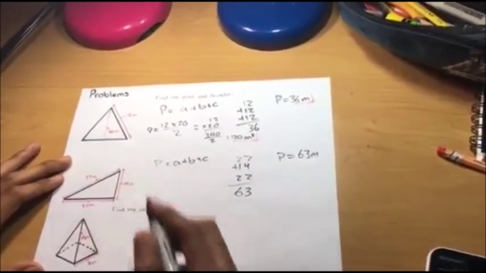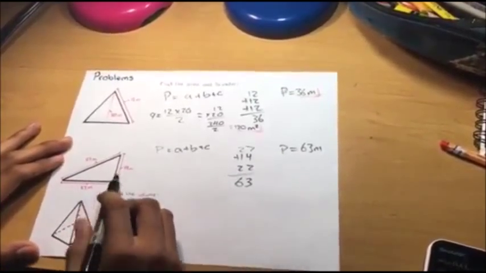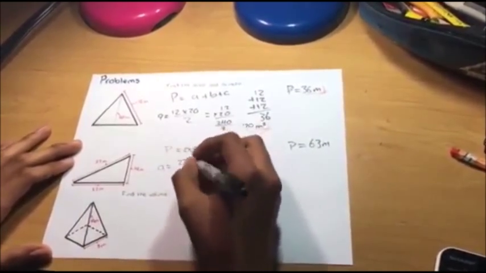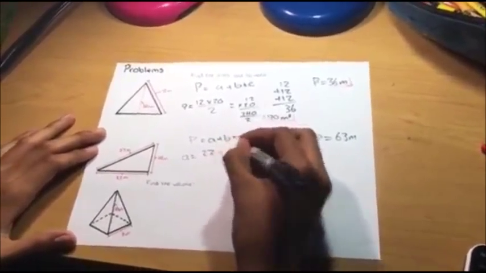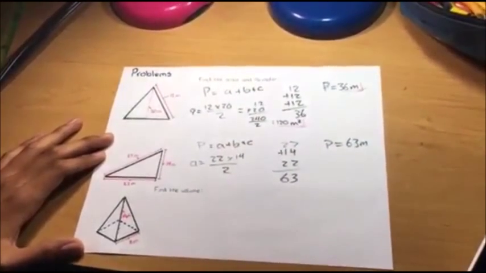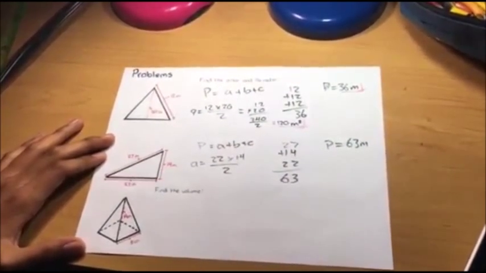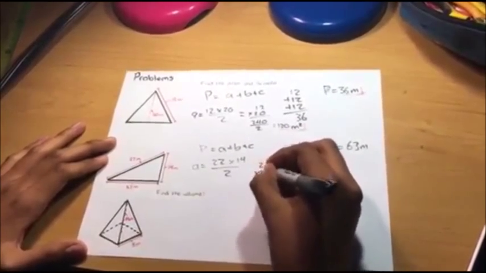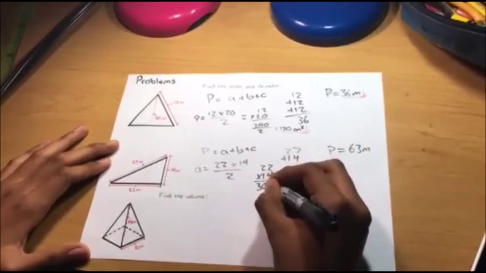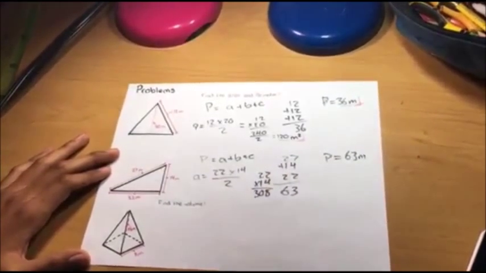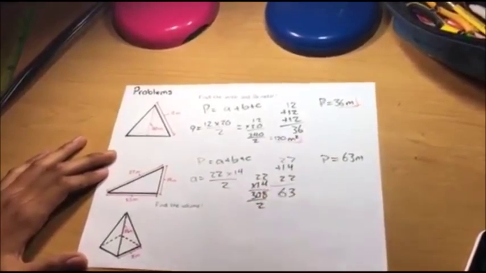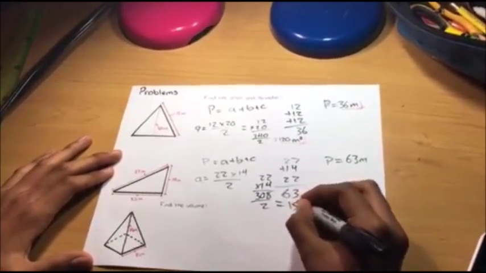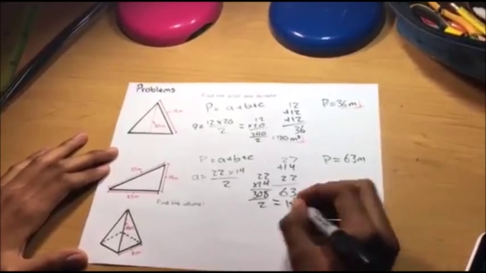So for the area we have the base by the height, so we have 22 by 14 over 2. In this case we're going to multiply it, so 22 by 14 is 308, and this over 2 is 154 square meters.